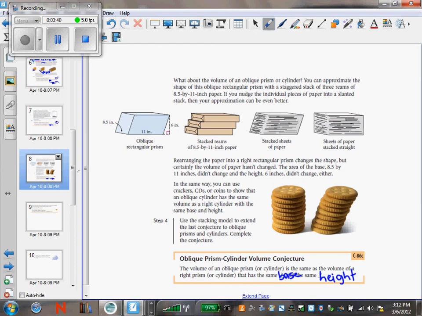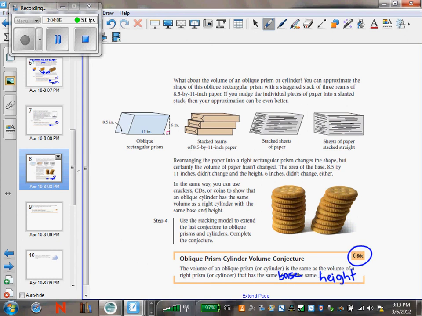It's just like taking a rectangle and tilting it to make a parallelogram. It still has the same area formula. So if we stack a bunch of parallelograms on top of one another, that makes an oblique prism. But the area of the base is the same, so the volume is the same for the prism.